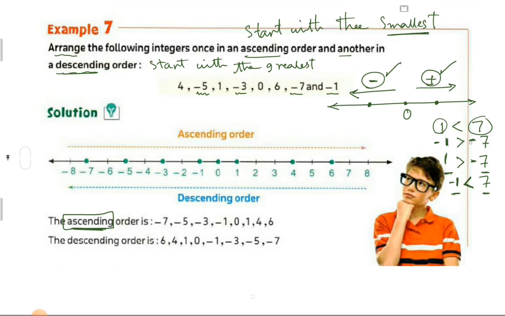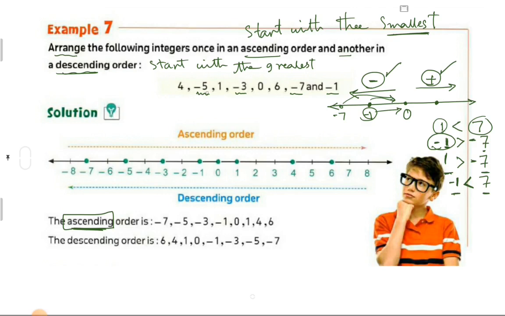If we put negative signs on two numbers, the smallest number with the sign will be the greatest, because negative 1 is closest to 0, but negative 7 is far from 0. Negative 1 is close to the positive side than negative 7.